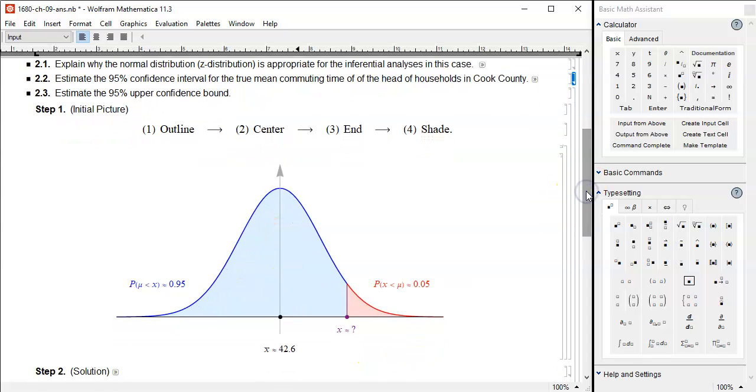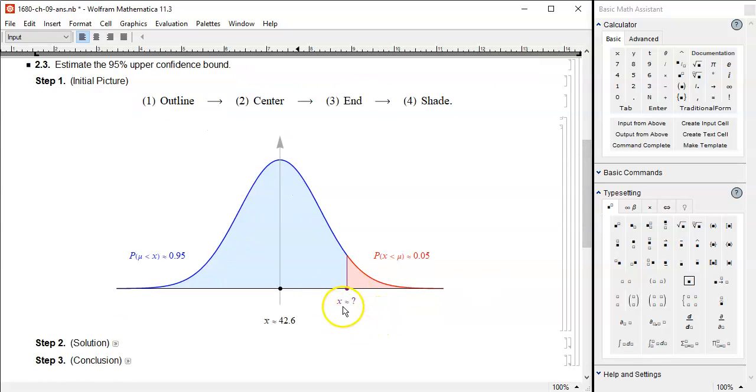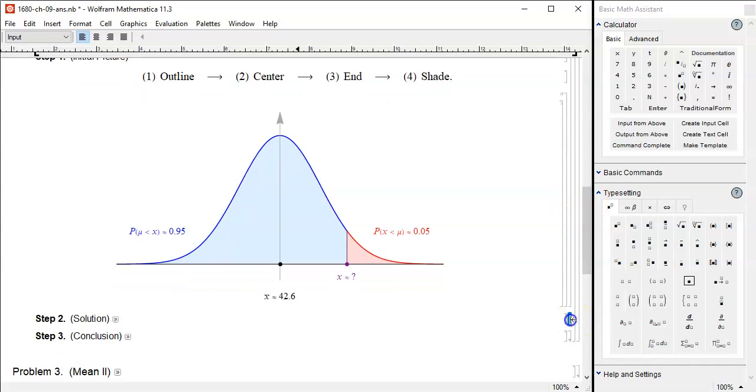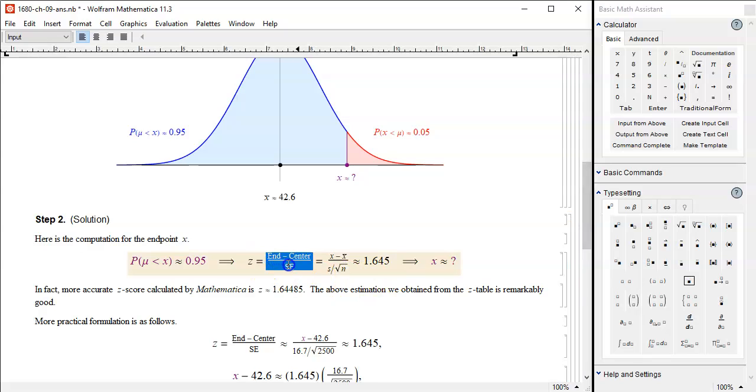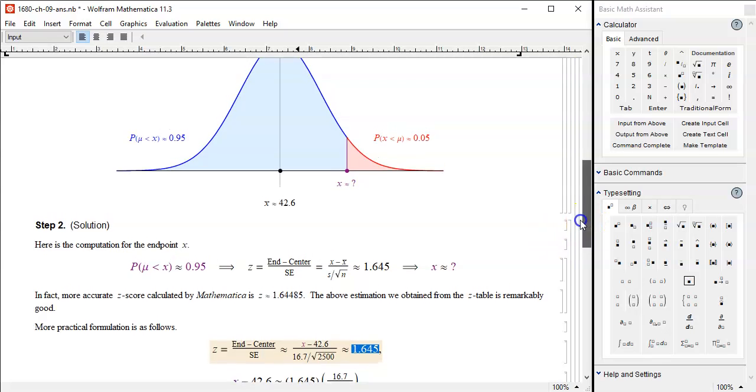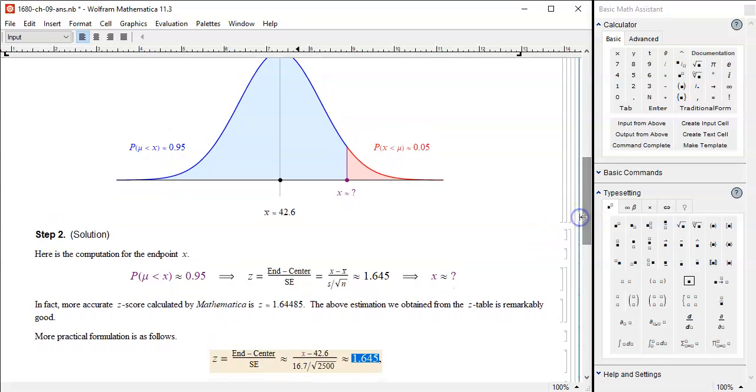So let's set up the z-score computation and solve the equation using x minus 42.6 over SE, and the left-hand side is 95%, so you have to look up the appropriate number from the z-table. z-score is x minus center over SE, so x minus 42.6 over SE should be the appropriate z-score, and I claim this is 1.645.